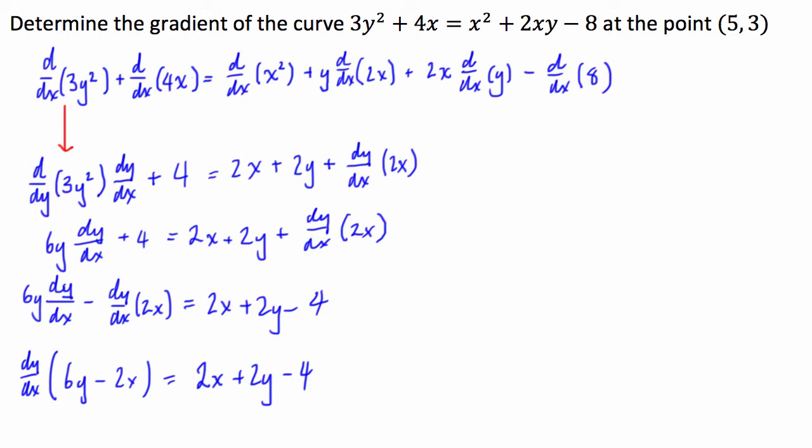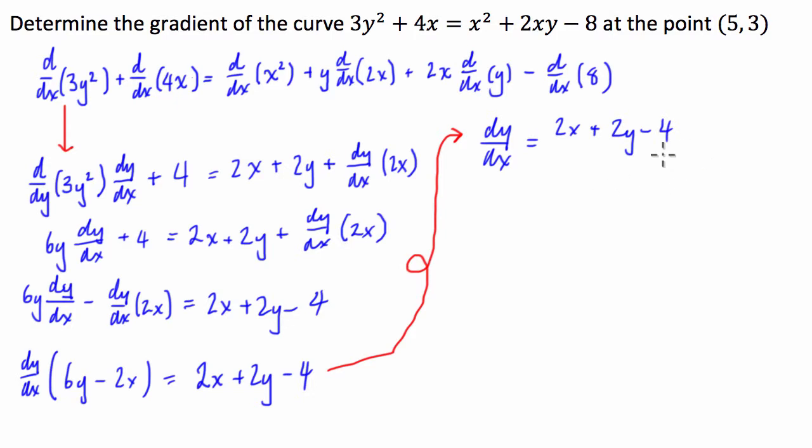Hopefully you guys are all following me. We then divide both sides by what's inside the bracket, so we are left with dy/dx is equal to 2x plus 2y minus 4, got ahead of myself, divided by 6y take 2x. Cool.